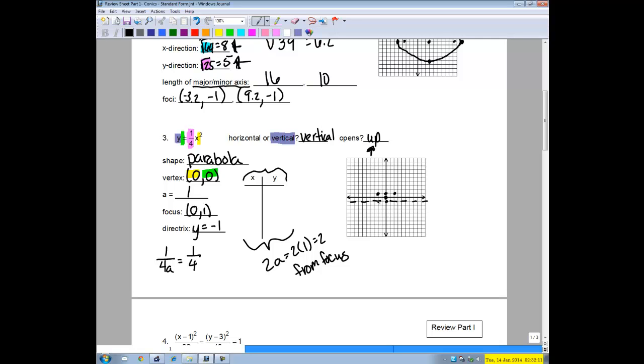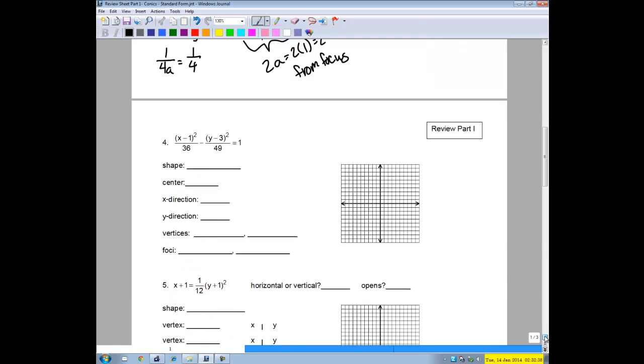And then you draw your parabola. But first we need to put those points. So we use negative 2, 1, and then 2, 1. And then you're going to draw your parabola from the vertex through these 2 points that you plotted. And we're done with that one.